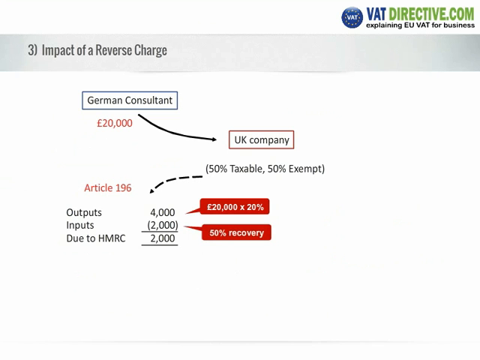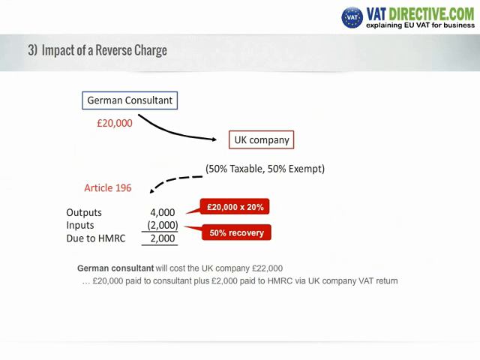That will mean they've got to pay £2,000 to the UK government, to Her Majesty's Revenue and Customs. This means that the German consultant will cost the UK company £22,000. That's £20,000 paid direct to the consultant, plus £2,000 paid to Her Majesty's Revenue and Customs via the UK company's VAT return.